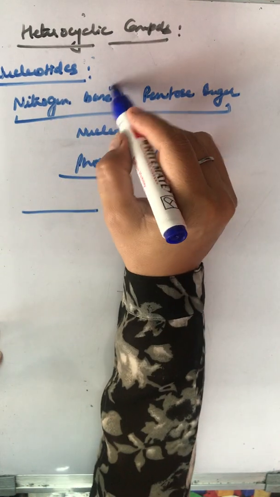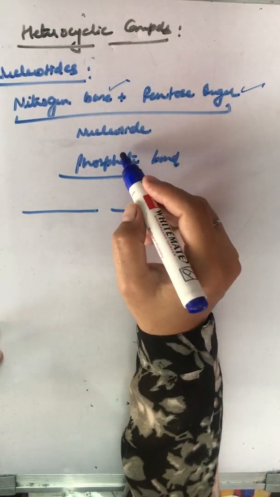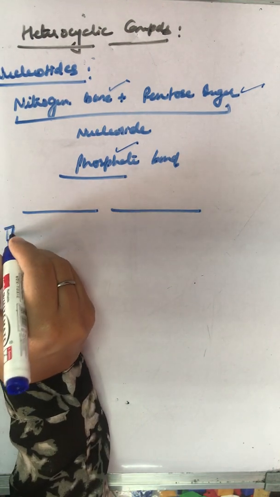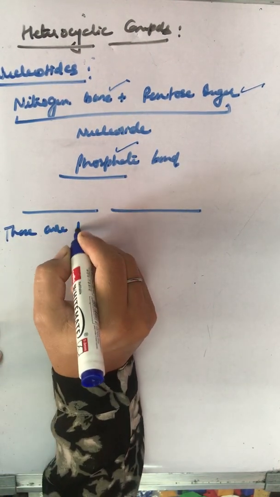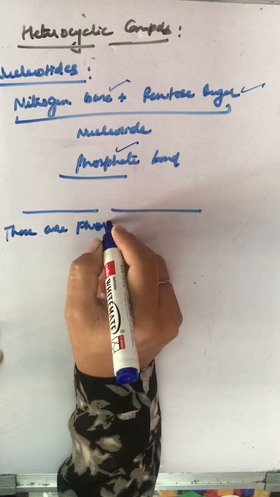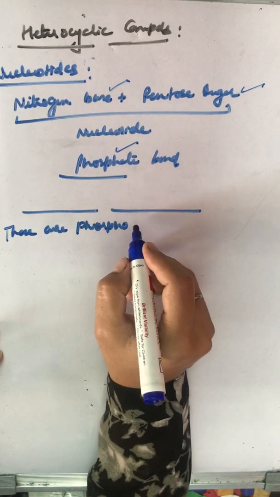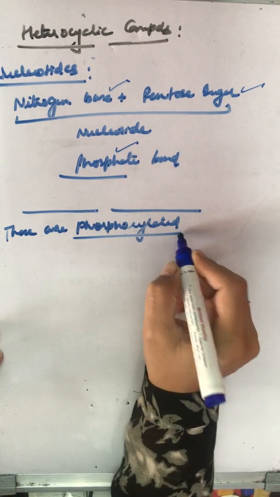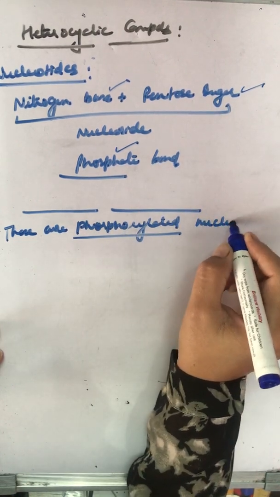It has a nitrogen base, a pentose sugar and a phosphate group, and we call these phosphorylated nucleosides.